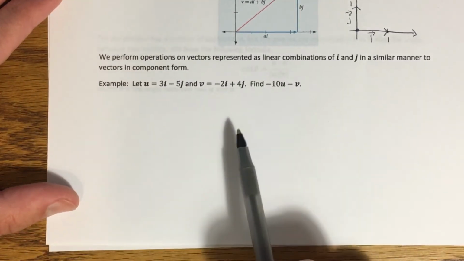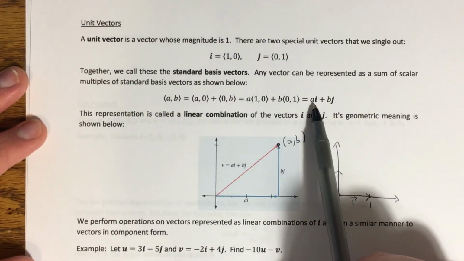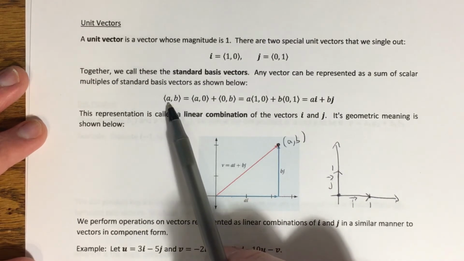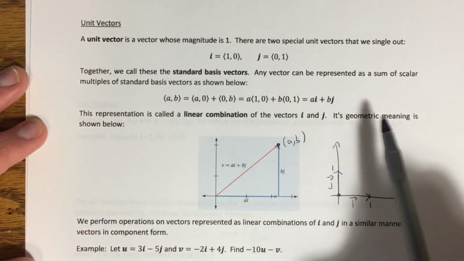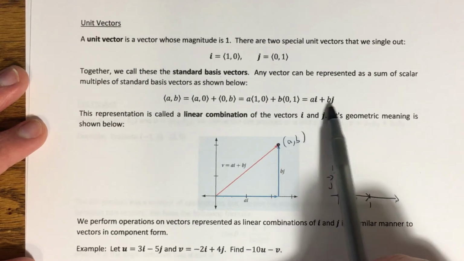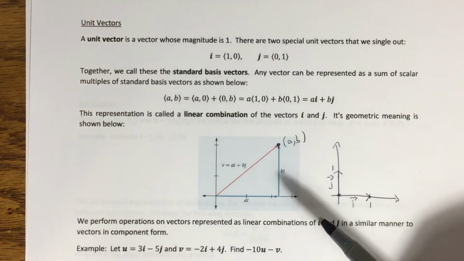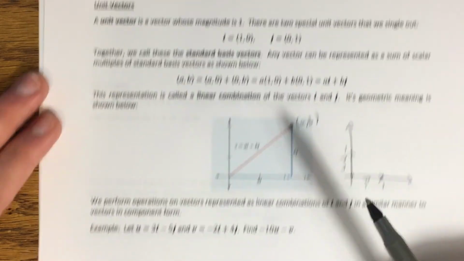Okay. So let's look at performing some operations. Now again, if you notice the component form of this vector, AB, relates directly to the scalars that I'm seeing here. And these are just two representations for the same vector. So if I want to perform operations on these vectors, it works the same way.